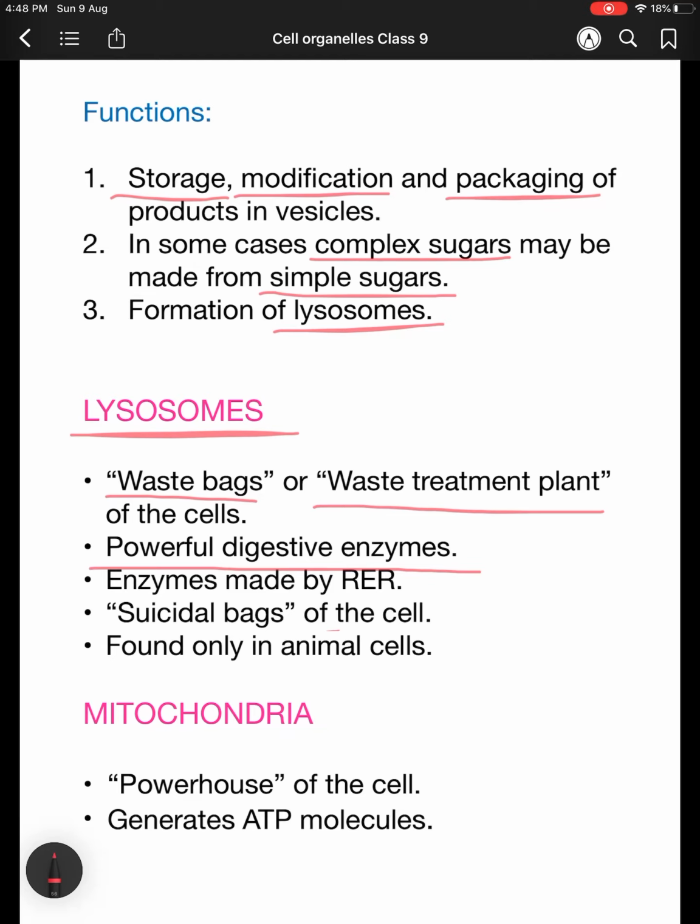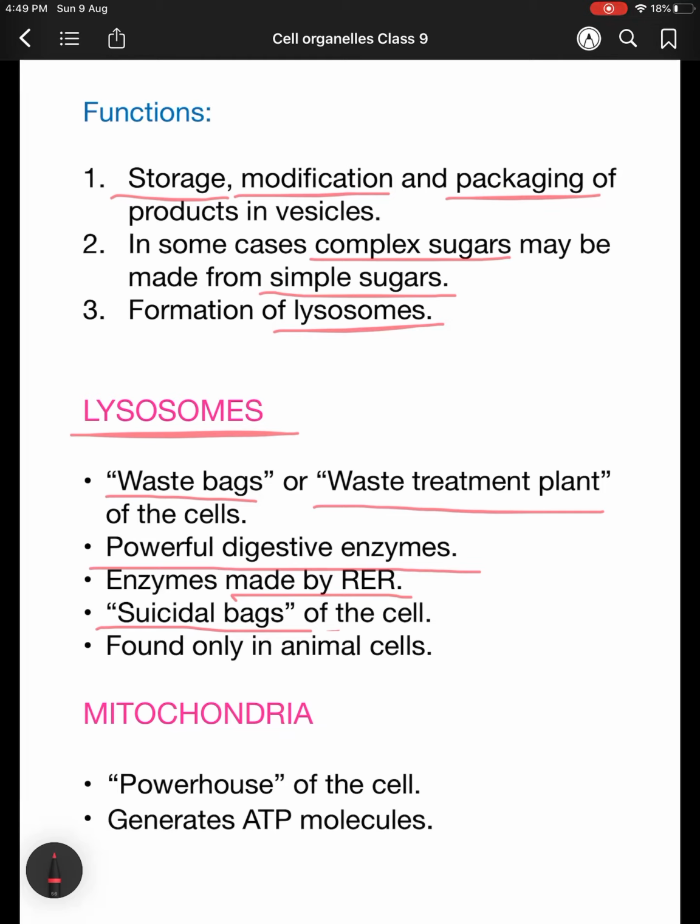These enzymes are made by rough endoplasmic reticulum. When the cell gets damaged, lysosomes may burst and the enzymes digest their own cell, and that's why lysosomes, they are known as the suicidal bags of the cell.